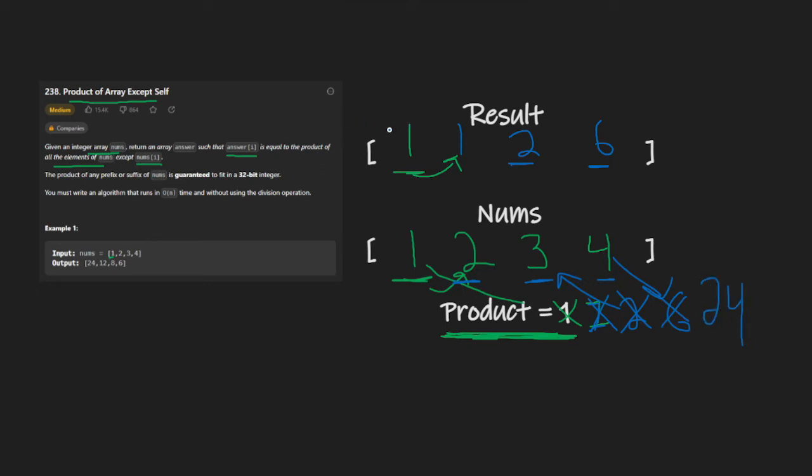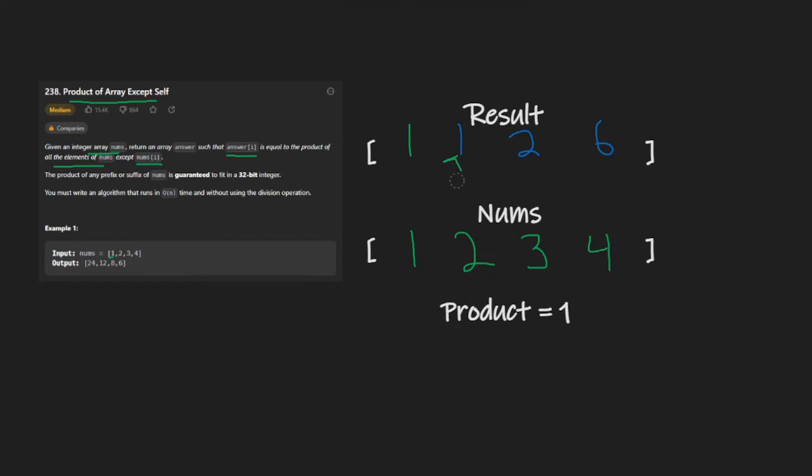Now that we've looped through all of the items, we reset product back to 1, and then we loop backwards through the input array. Since these are the same length, we handle them both with the same loop, starting at the end.